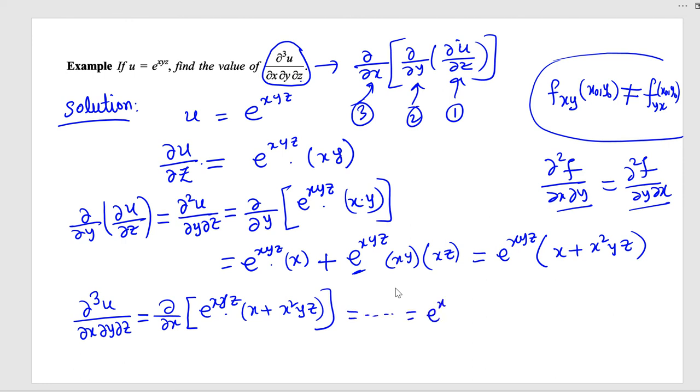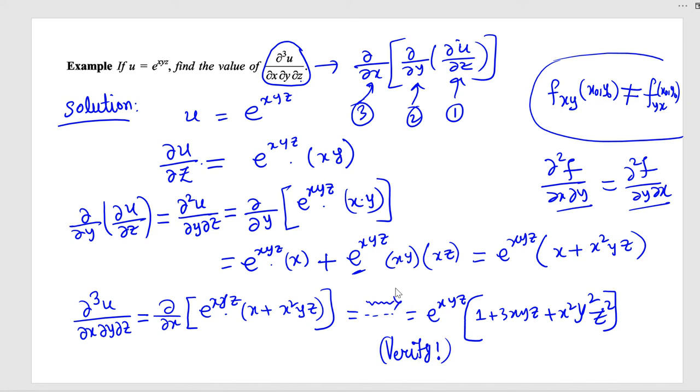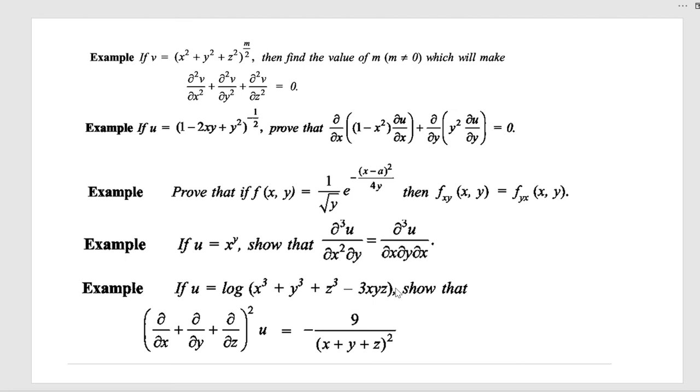This is nothing but e power xyz into 1 plus 3xyz plus x square y square z square. Do these steps, verify it, and there are some practice problems.